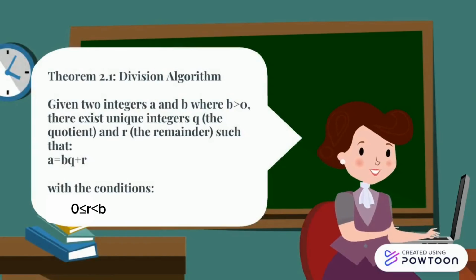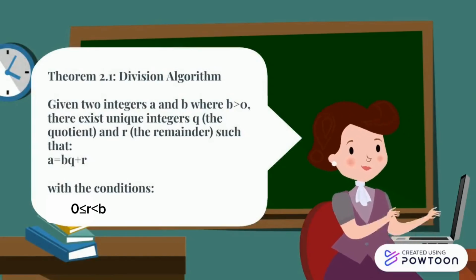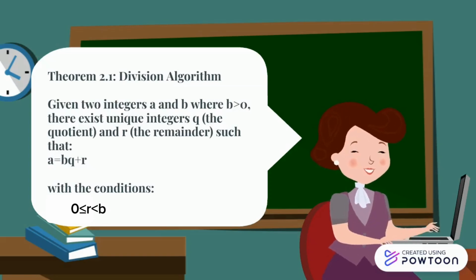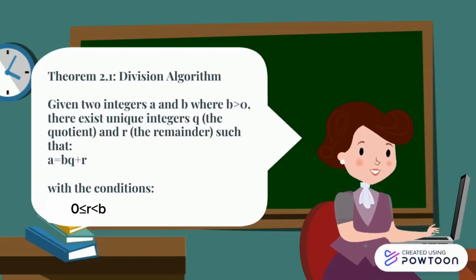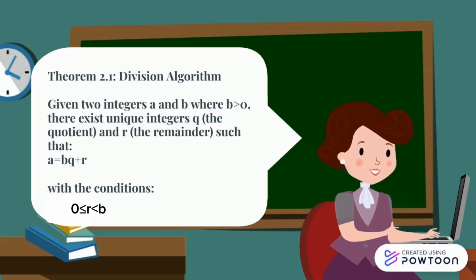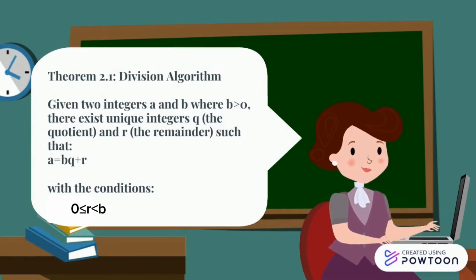It says that q represents the number of times b can be subtracted from a without going negative, while r is the leftover amount after this subtraction. The uniqueness of q and r ensures that for any given pair of integers a and b, there is only one valid quotient and remainder that satisfy these conditions.